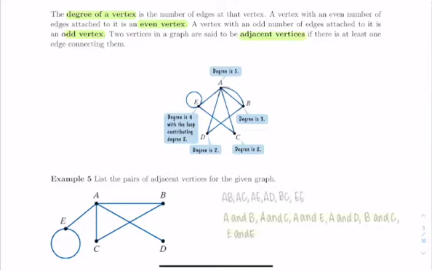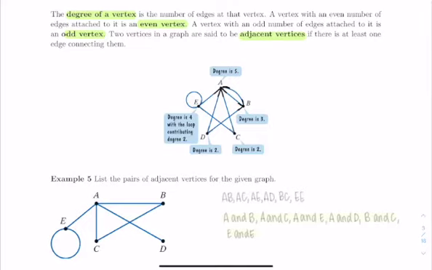So in the diagram below, vertex A has 5 lines coming out of it. We have 1, 2, 3, 4, 5 different edges that come out of it. So that is an odd vertex with degree 5. With B, we have 3 edges.